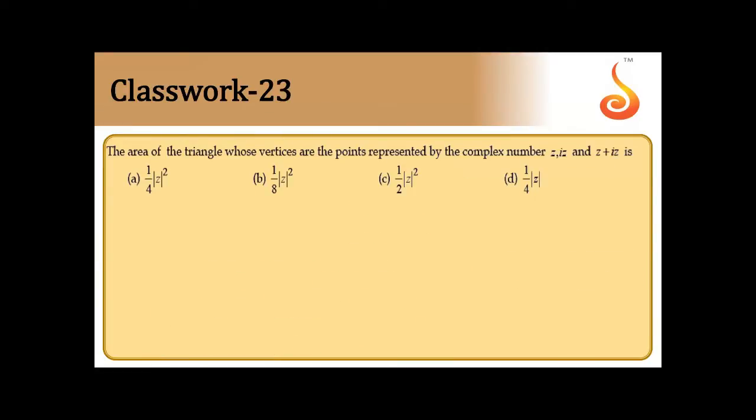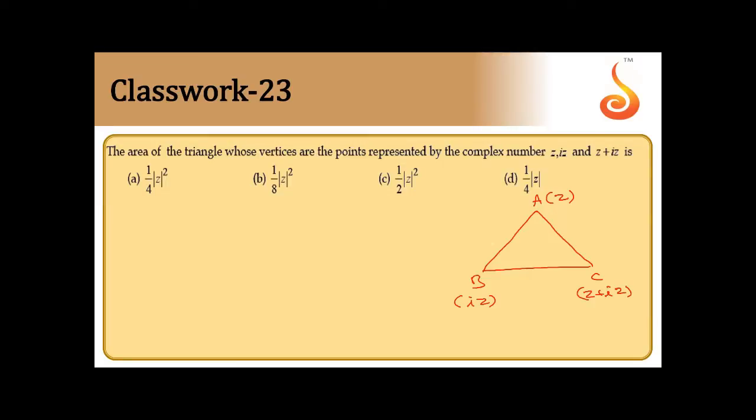Area of the triangle whose vertices are points represented by the complex numbers z, iz, z plus iz. So we take A, B, C. You can take z, this is iz, z plus iz.